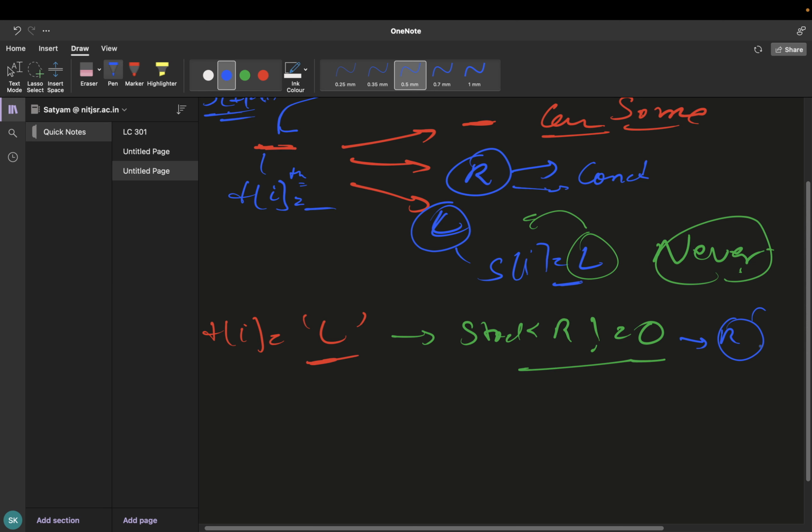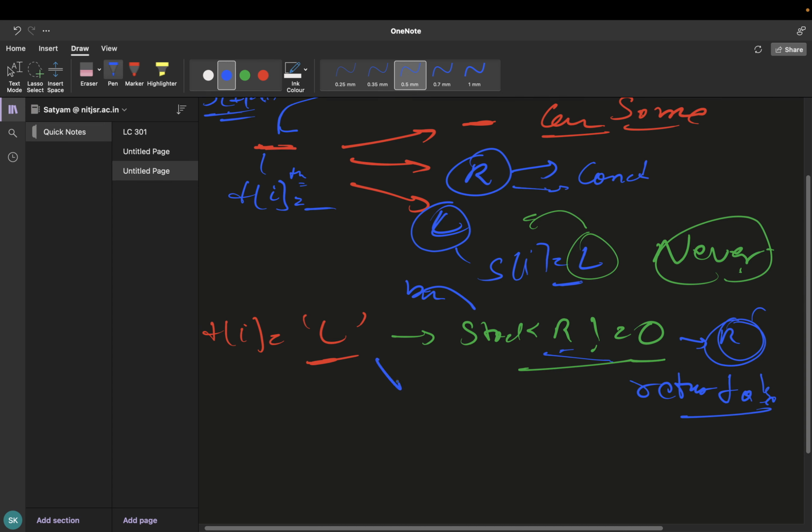We have to first make this 0, and we cannot make this 0 because here we require L this time, and in the previous backside we have already stored the R. Since this is not equal to 0, it also returns false.